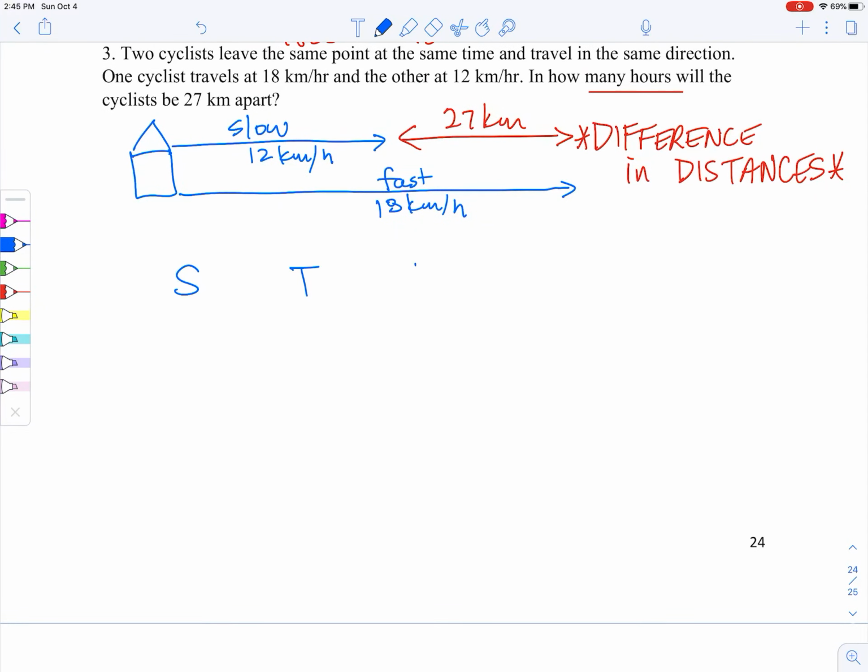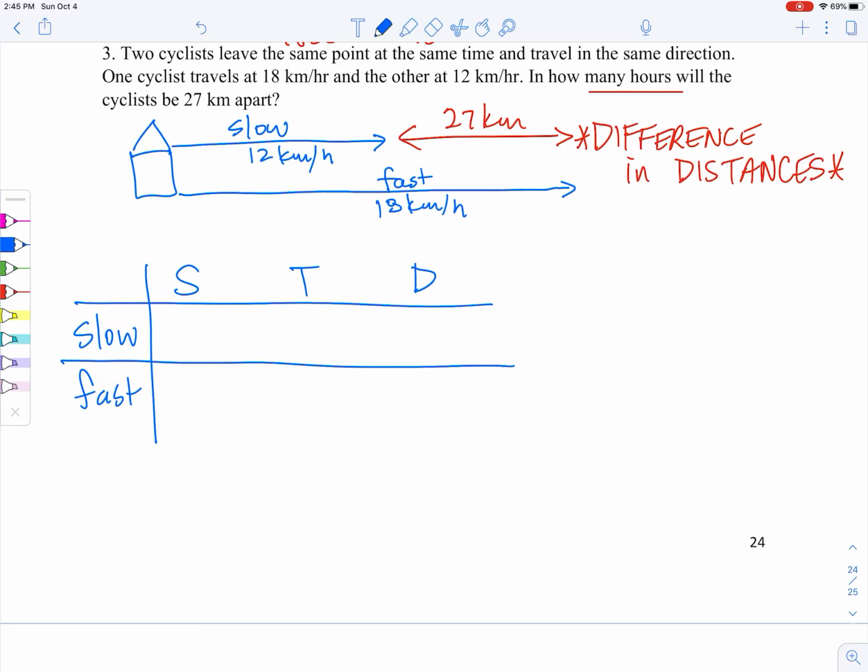So, speed times time for the slow and the fast. We know that the slow person is going 12 kilometers an hour. The fast is going 18. We know that they travel the same length of time, so both of these are going to be x. Speed times time equals distance, so 12x and 18x.